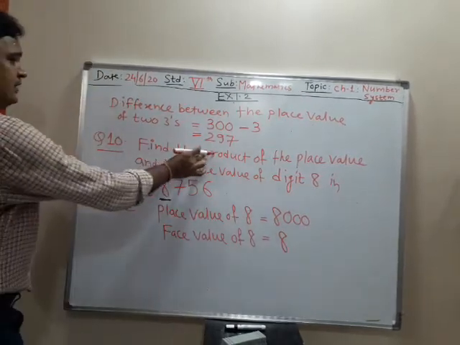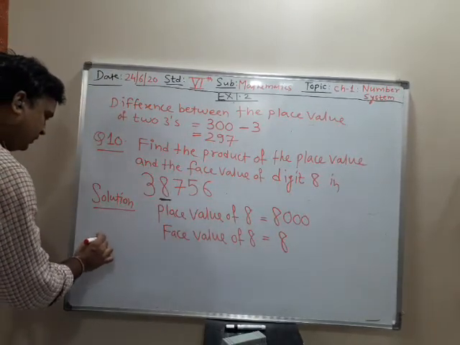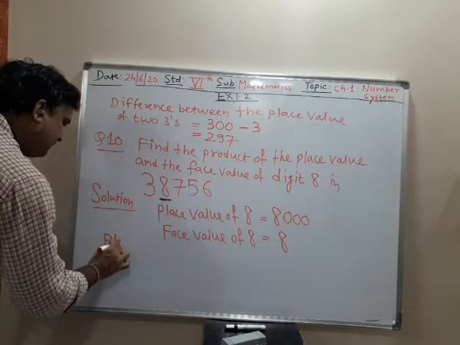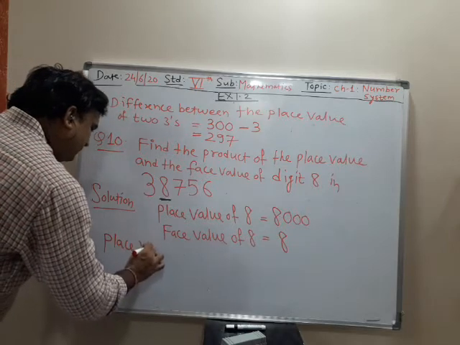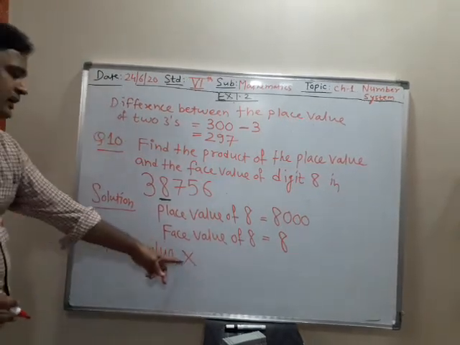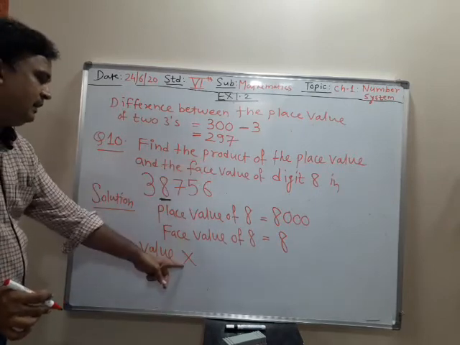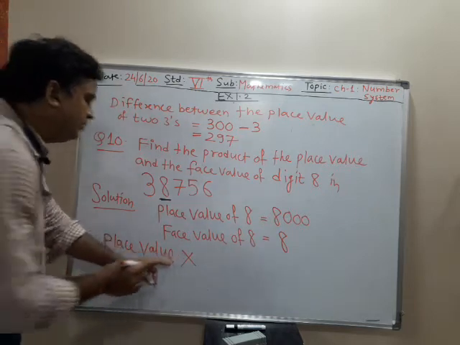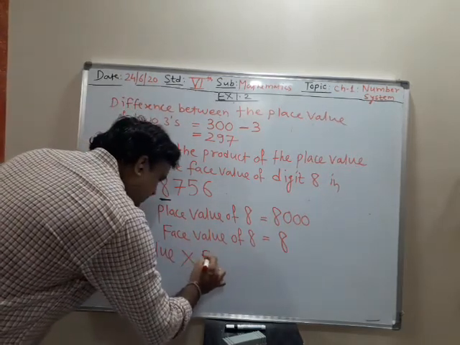Now it says find the product. So I will find place value into face value. Product means multiplication.